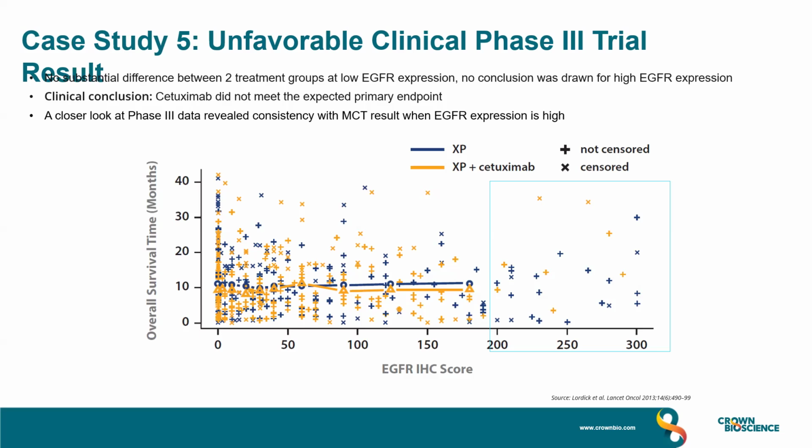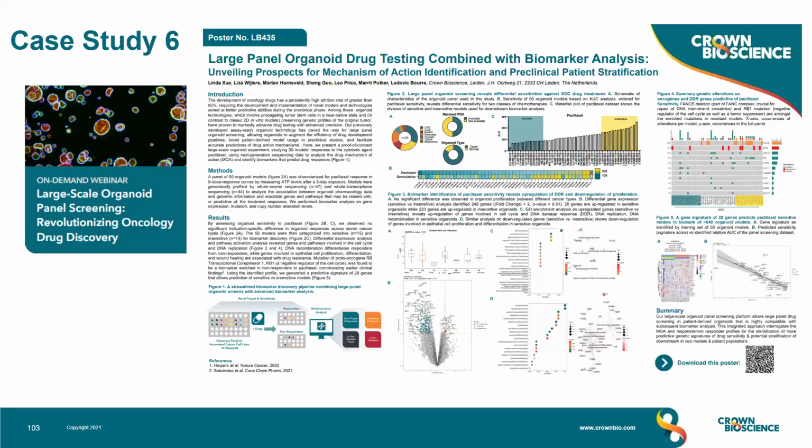However, when the results were reinterpreted for patients with just high EGFR protein expression, so this is above 200 in IHC scoring, this actually revealed that cetuximab did provide clinical benefit for those gastric cancer patients with high EGFR expression. So the mouse clinical trial that was conducted did inform quite nicely, and correlated with the clinical response, an alternative for identifying the right patients for that treatment.